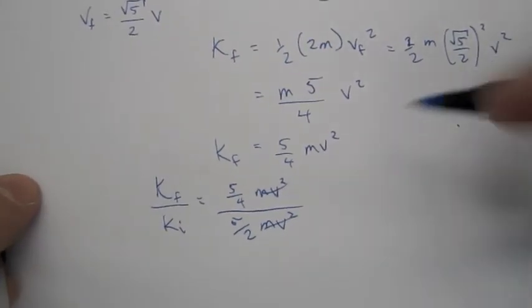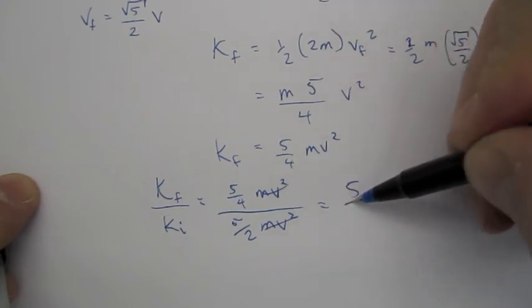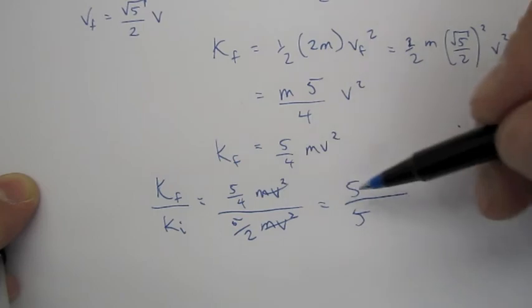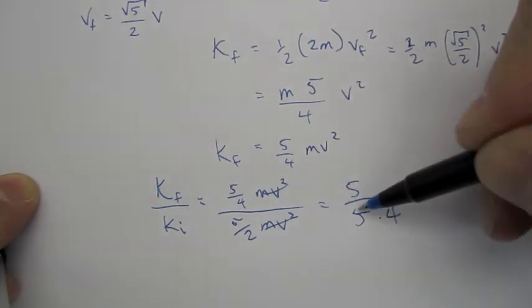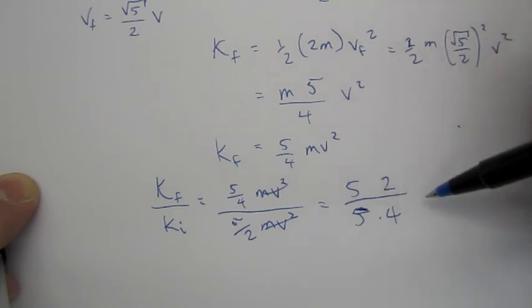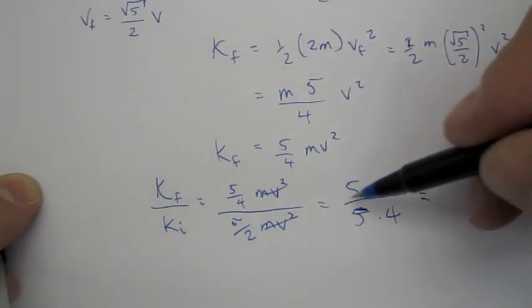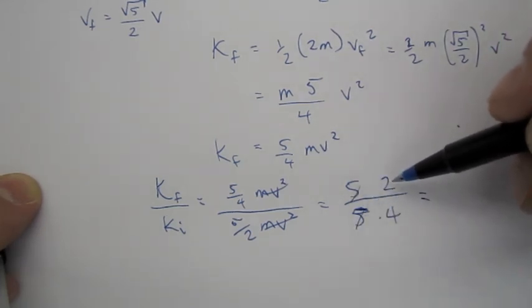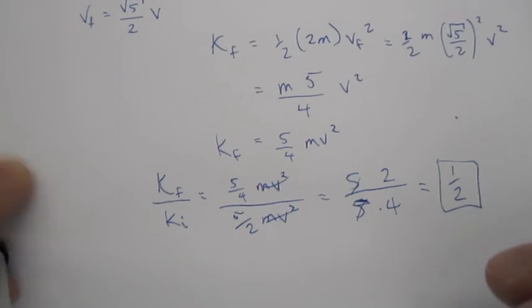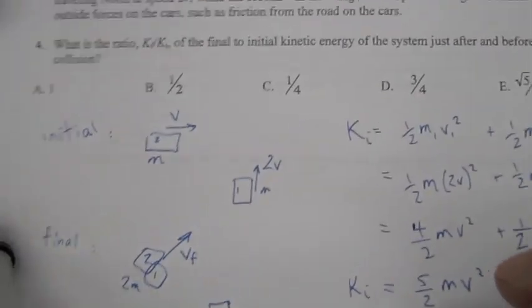So it's just equal to 5 divided by 5, and then this 2 flips up to the top, so it's equal to 5 over 5 times 2 over 4, so that's equal to 1/2. Hopefully you followed the math there, and that is answer B.